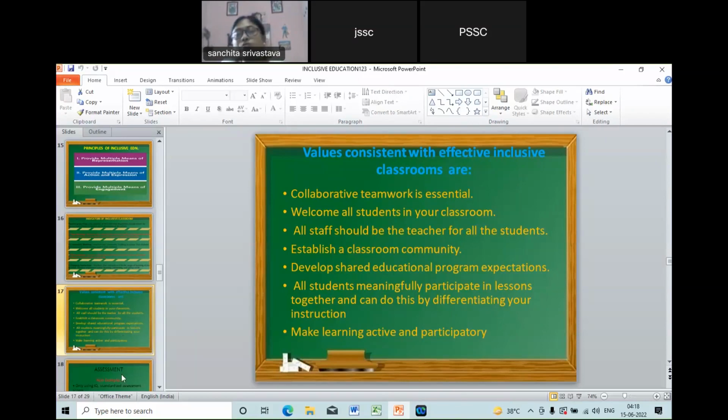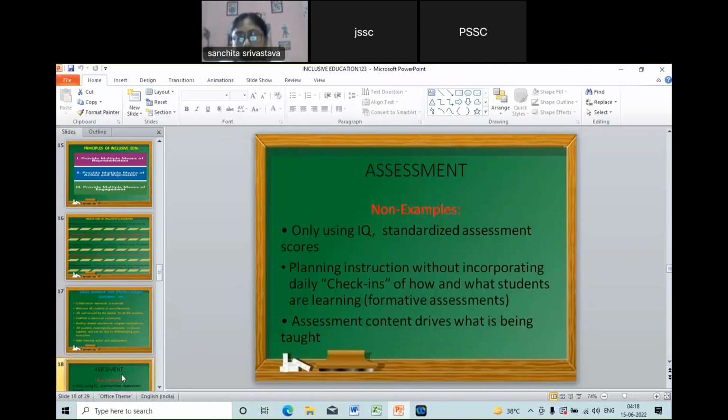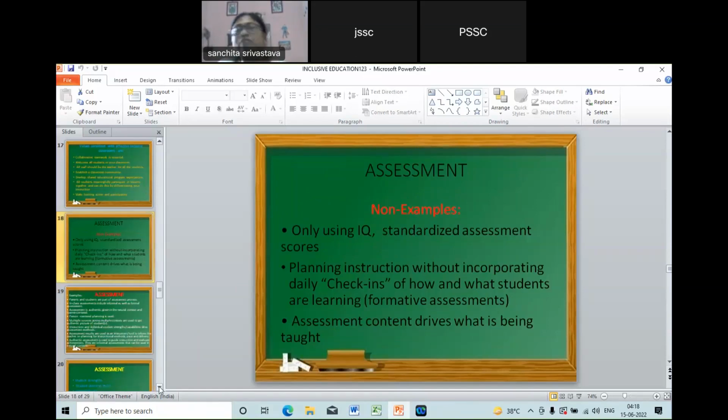So now, so long I was dealing with how to involve them, how to design the lesson plan, how to take the classroom. Now we have come to nearly the last section, where we will be dealing with assessment. Now, what is assessment? Assessment is basically the learning outcome, what you have taught and what the child has learned.